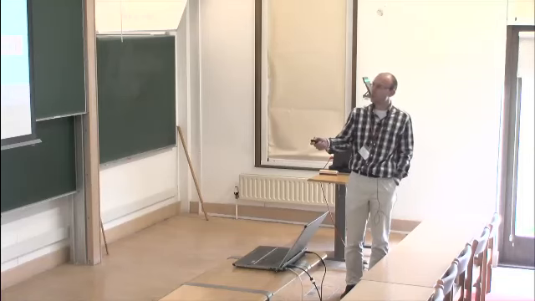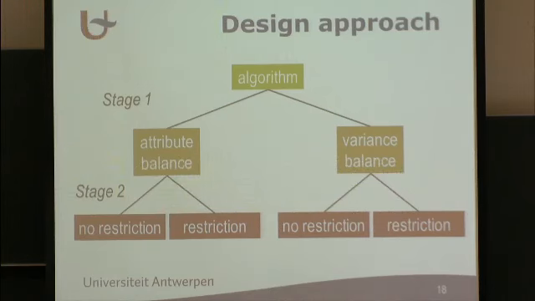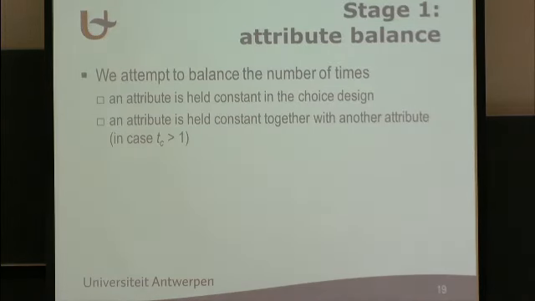First of all, stage 1. What do we do in stage 1? What is attribute balance? Well, in the attribute balance approach, we try to make sure that every attribute is held constant equally often, and on top of that, we try to make sure that the number of times an attribute is held constant together with any other attribute is constant also.